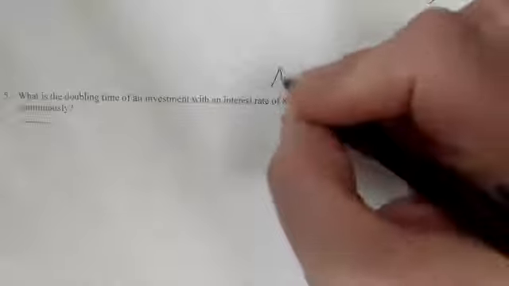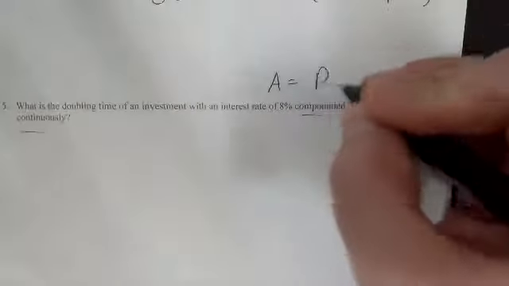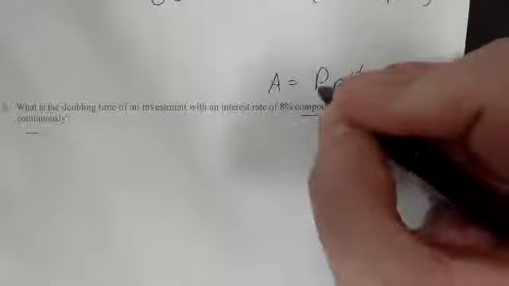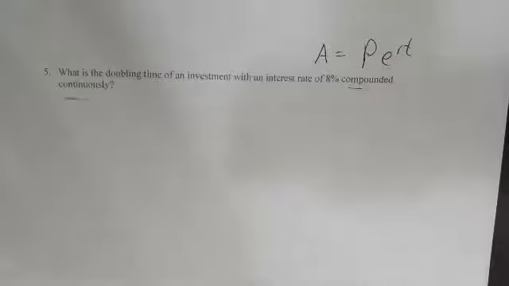So if we see compounded continuously, that is not the formula that I have written previously. That is the PERT formula. What you might notice is that they're not giving us an accumulated amount or principal.